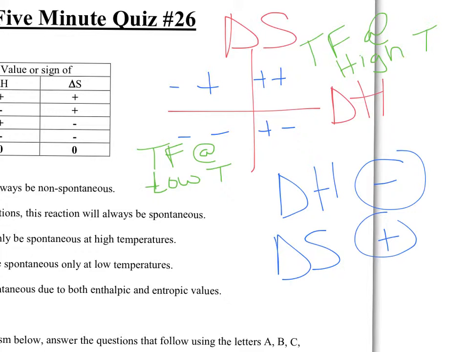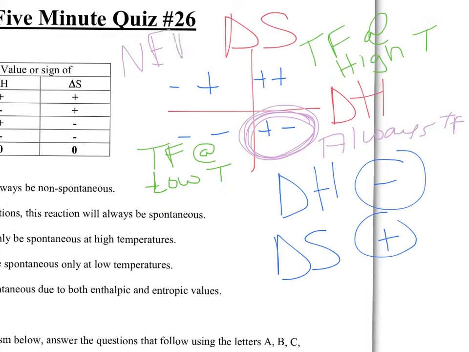C. That puts us in this location right here, right? So this is always TF, and this one is never TF. Think about that. If delta H likes to be negative and it's positive, and delta S likes to be positive and it's negative, neither one is what it wants to be.